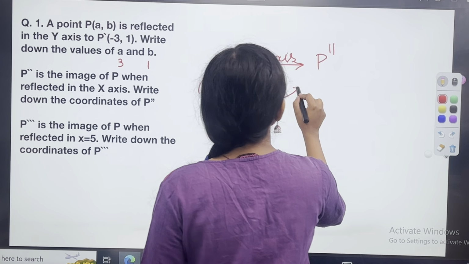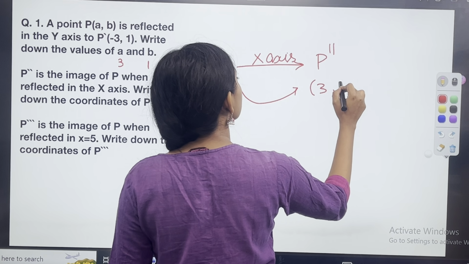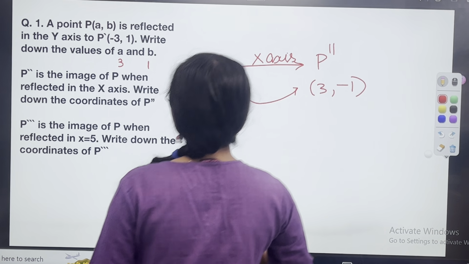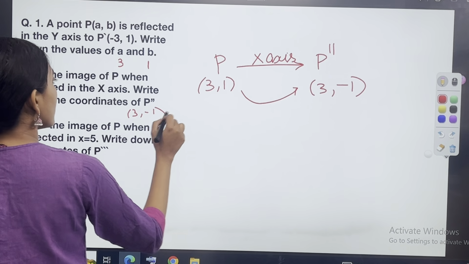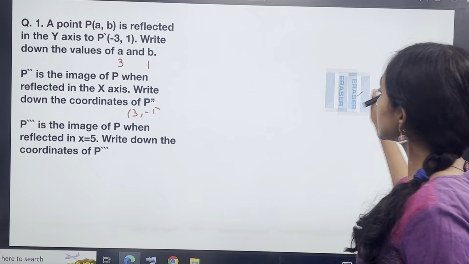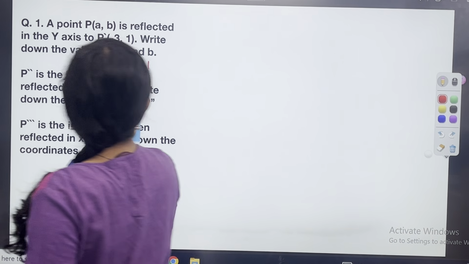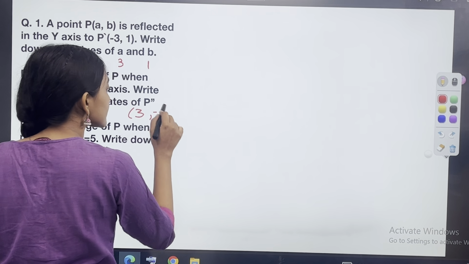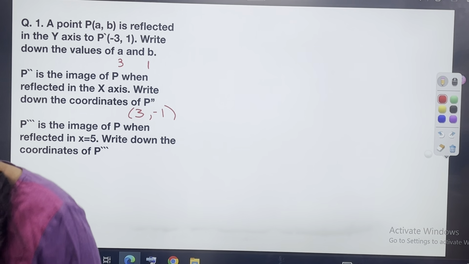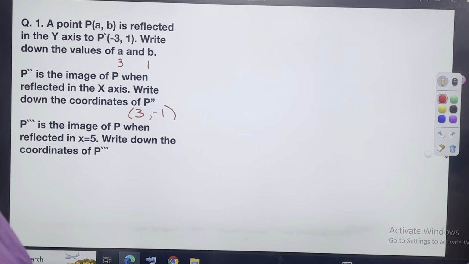So it will become 3 comma minus 1. So P double dash is equal to 3 comma minus 1. Are we clear, guys? Are we clear? Brothers and sisters.